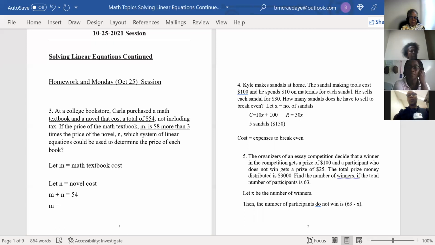So what would I put? You put 8. You have to put a sign there. It's added, more than, so it's a plus sign. 8 plus. And what's that added to? 3.